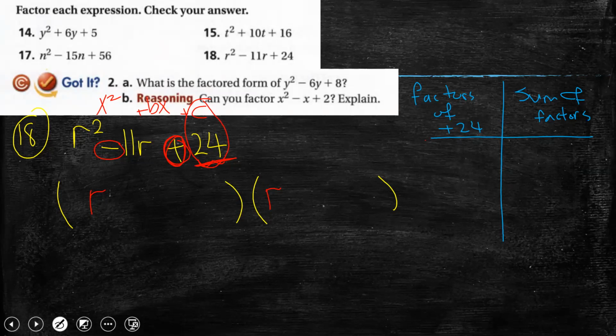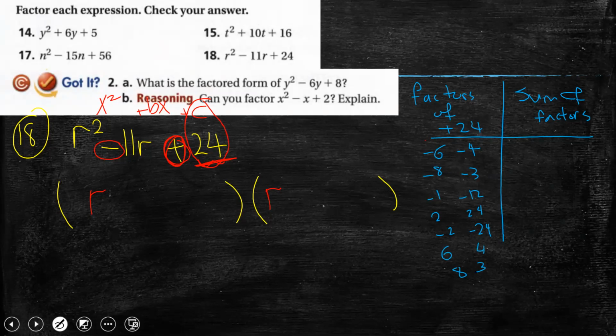Negative 6, negative 4, negative 8, negative 3, negative 1, negative 12, 2, 24, negative 2, negative 24, 6 and 4, 8 and 3.